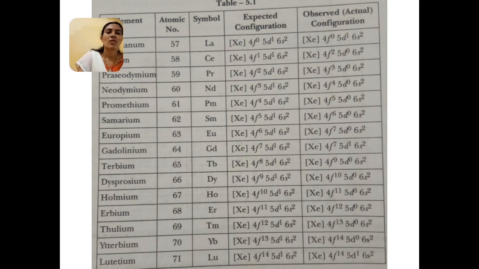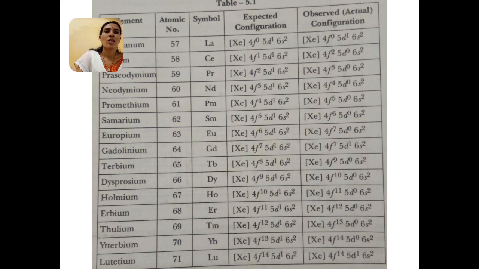So valence shell 4f0, 5d1, 6s2 expected. Actual, both are same in case of lanthanum. There is no electron in 4f orbital. Second, that is first element of lanthanide series, cerium having atomic number 58, symbol is Ce. Expected is 4f1, 5d1, 6s2 and observed is 4f2, 5d0, 6s2.